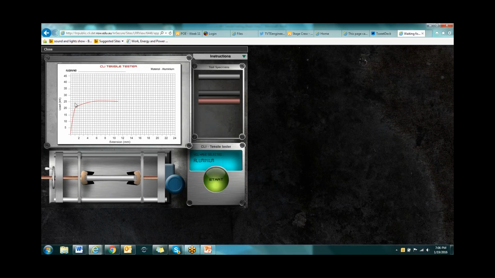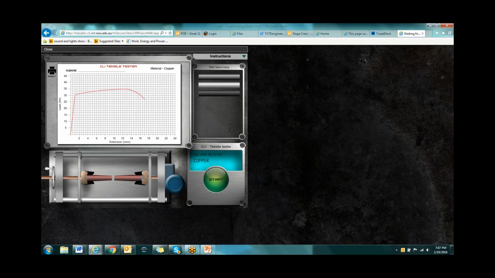The graph is not quite as defined here where our yield point is. Put in another one, the cast iron. You notice cast iron doesn't really have much deformation. It's going to pull and crack very quickly. And then you have copper, and that one's going to give you much more deformation.